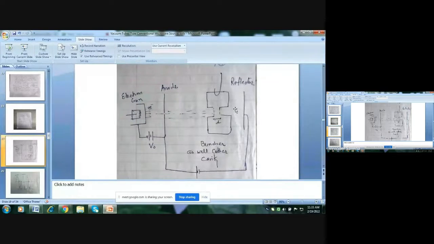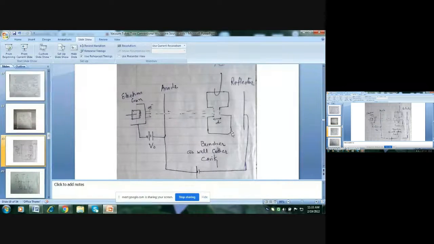So there is a difference. In the two cavity klystron, the drift space was field free, and in the reflex klystron, this drift space has a negative potential. So the velocity modulated electrons enter the drift space, and then due to this negative potential, these electrons reflect back.